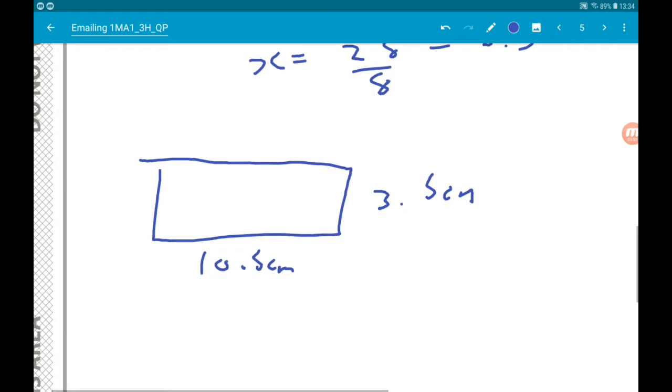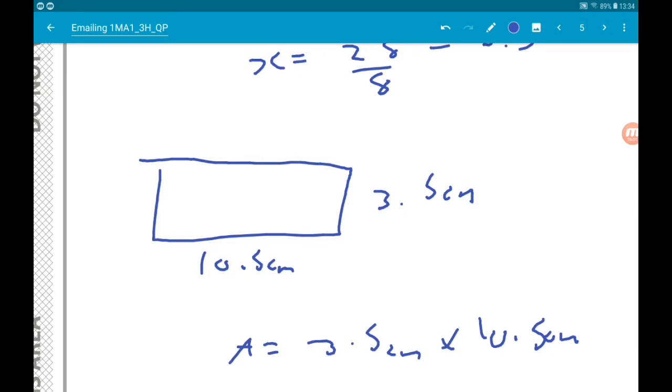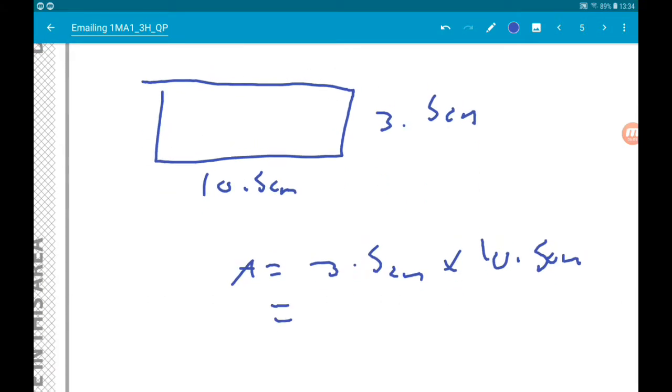So then finally the area is 3.5 times 10.5, and that gives us 36.75 centimeters squared.